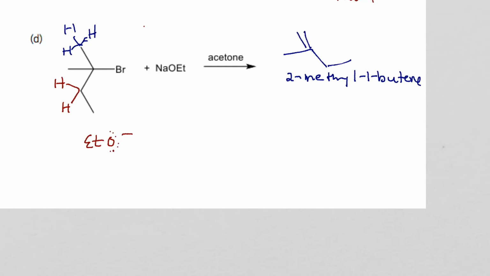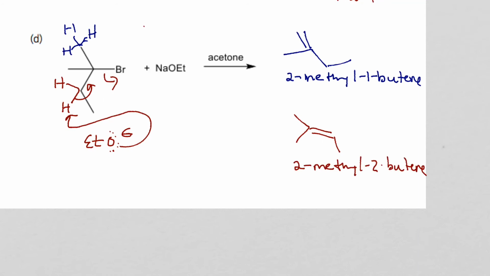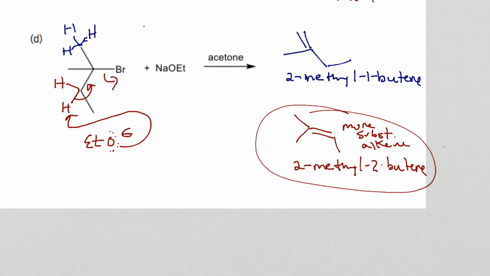If we remove one of these beta hydrogens, we'll get this product, which is 2-methyl-2-butene. Now the question is, which of these is going to be the major product? And the major product is going to be this compound right here, because this has the more substituted alkene, therefore it's more stable.